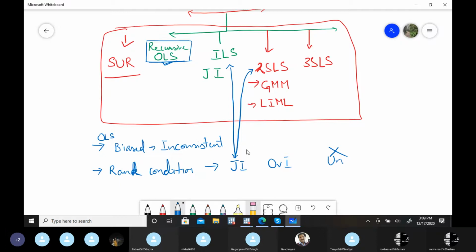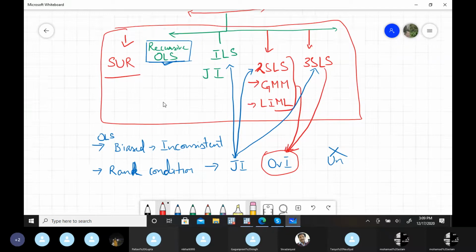You can also apply three-stage least squares, but that's unnecessary. If you have an over-identified equation, then only these methods are applicable, or these three SLS. For unidentified, we don't have any solution.